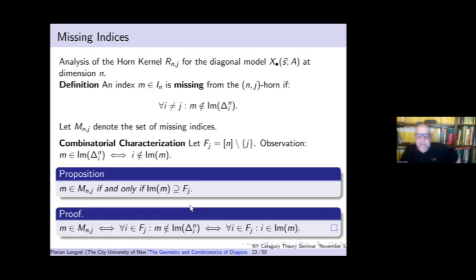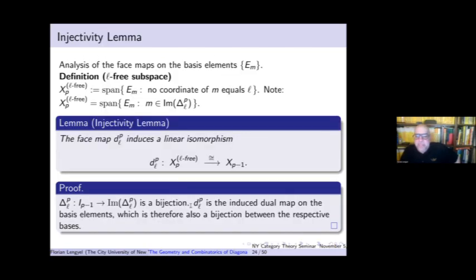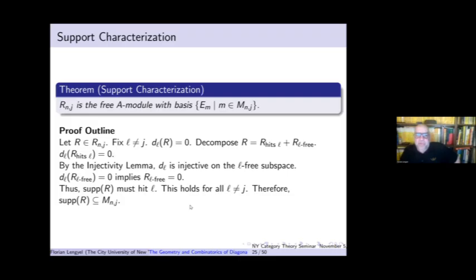You want to say that a multi-index is missing from the n J horn if and only if the image, in other words, all of the elements of the index, is contained in the set of all the elements except J. Maybe I'll skip through this. The point is that the Horn kernel is a free A module with this basis.